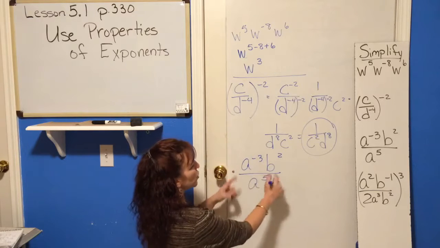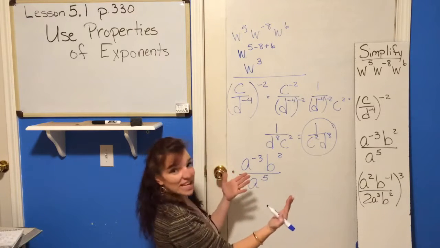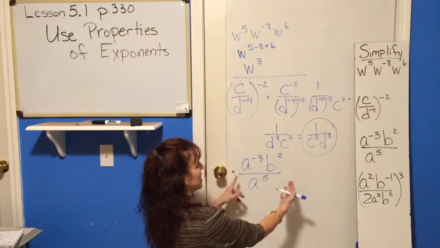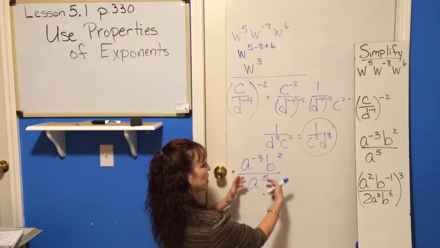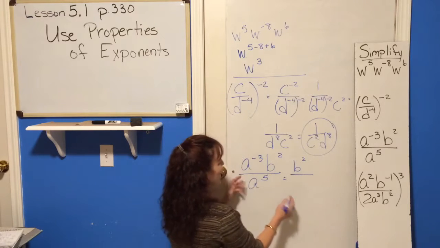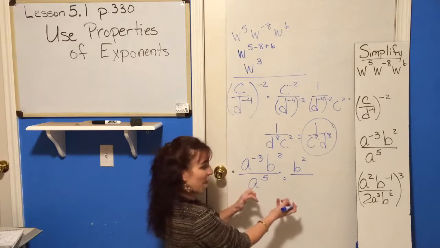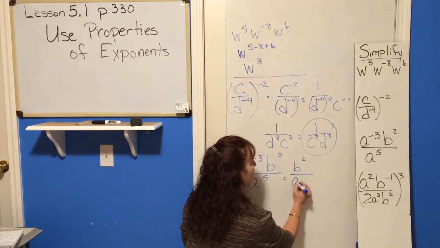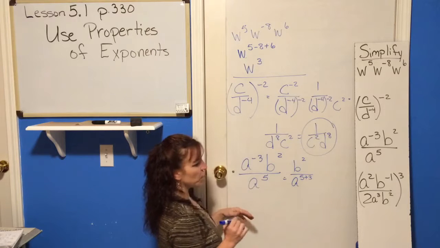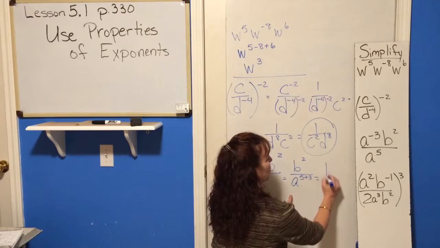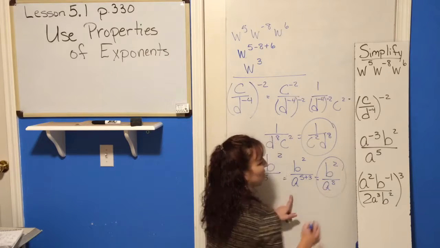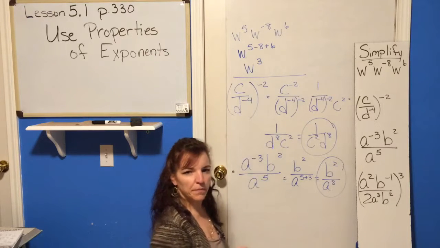All right, so the b squared is just going to stay there. It's simplified. There's no other b's here. It's done. But this a to the negative third can be brought down. So b squared stays on top. And the a to the negative third, when you bring it down, now it becomes positive. So you have a to the 5, and it becomes positive, plus 3. So you have b squared over a to the 8th. And that is your final answer there.